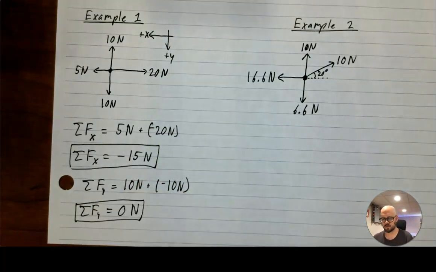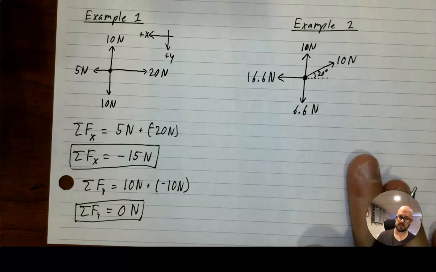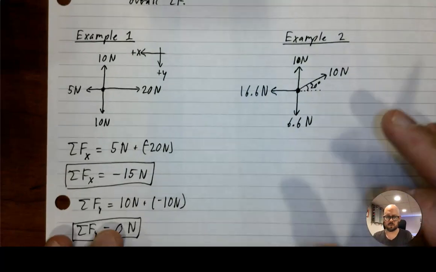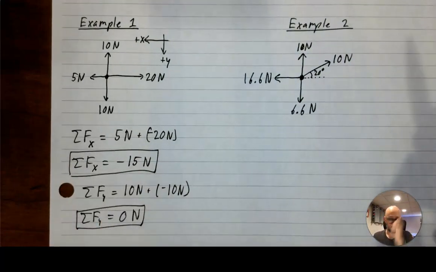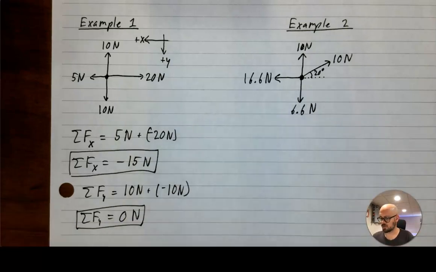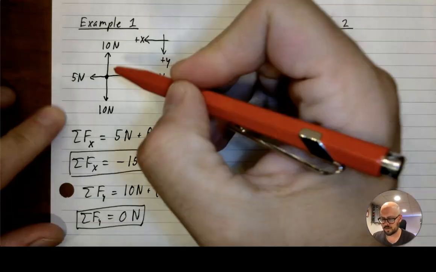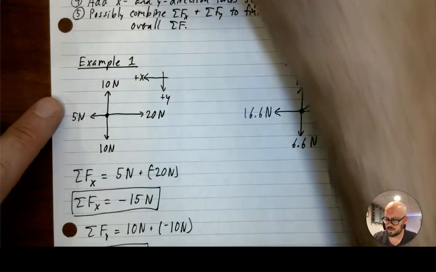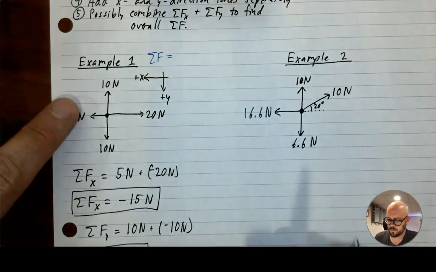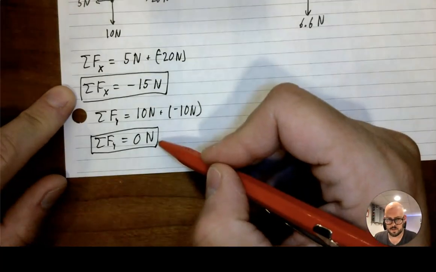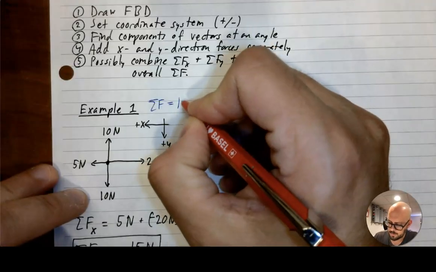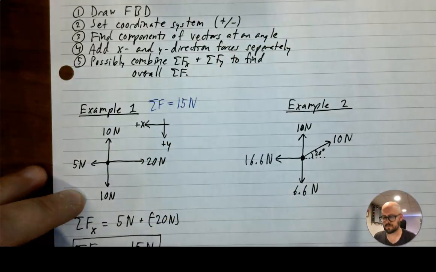Okay, now when it says possibly combine the net force in the x direction with the net force in the y direction for an overall net force, I would expect you to be able to summarize this. And so, to say what is the net force on this system, let's say the net force is equal to, well, if it's 0 in the y direction and negative 15 in the x direction, then the net force is going to be 15 newtons.